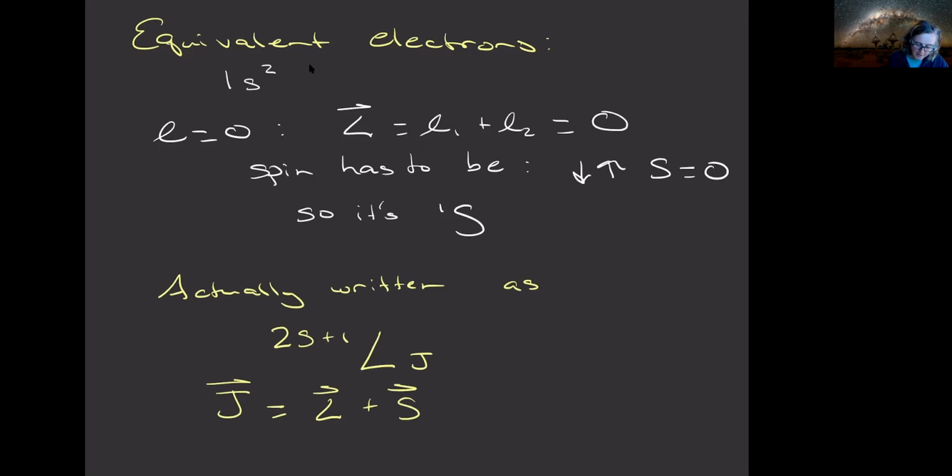In the case that I've just written above with my 1s2 electrons, this would become 1S0, because little s is 0 and L is 0, and the total angular momentum is 0. We'll need to return to that when we come a little bit further along. But for the time being, we'll just pause there, and we'll pick up as we carry on in our next set of lectures.